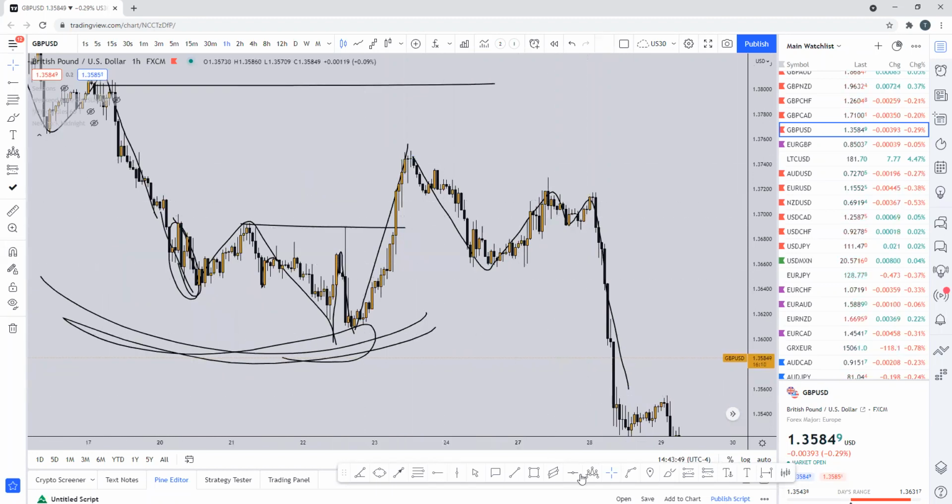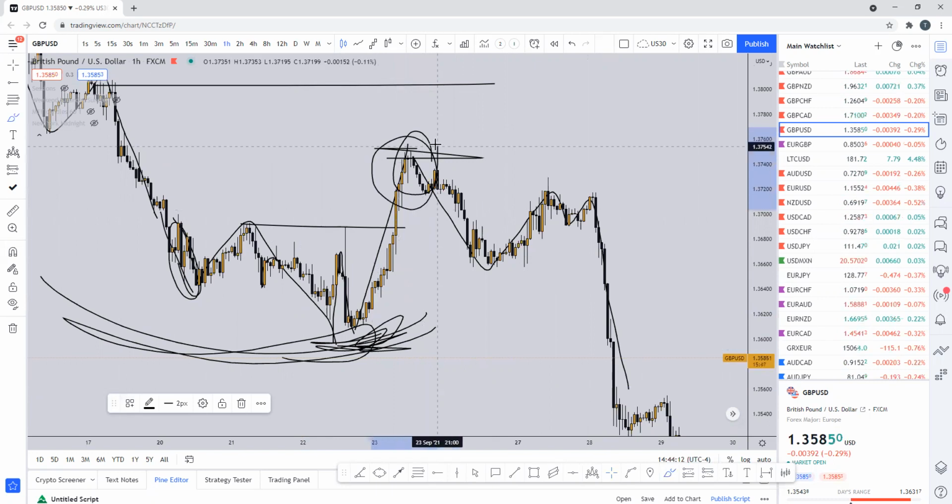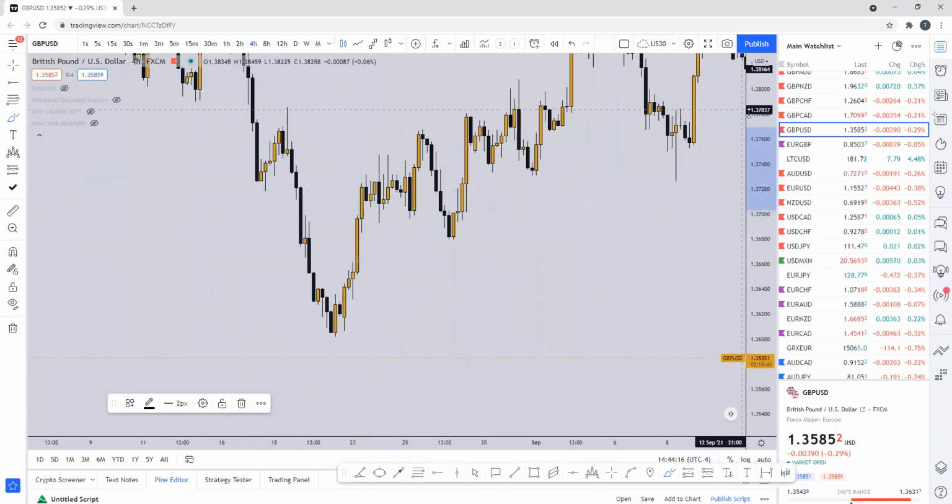If I'm looking at structure on this 1 hour, from right here, I didn't have my low yet, right? Price did not come down here. And price came up above here, I understand, but remember, go to your higher time frame. This is just wicks on the higher time frame. Let's look at the 4 hour and let me show it to you.